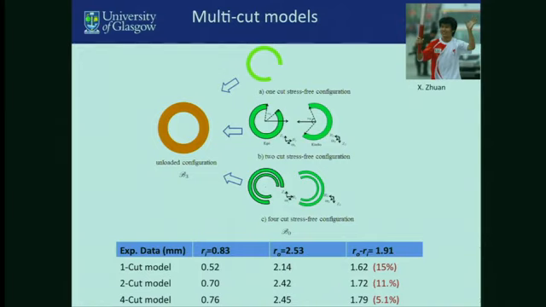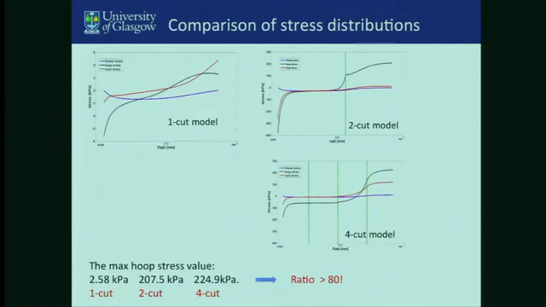But that's not the important story. The important story is the stress distribution across the wall from inner to outer. For 1 cut, focus on this black one, which is the hoop stress, the residual stress. The maximum is about 2.58 kilopascal. If you have 2 cuts, there's actually a sharp change of gradient.